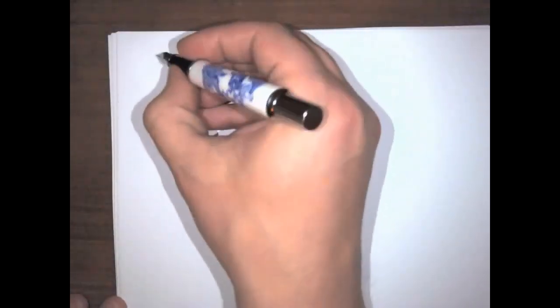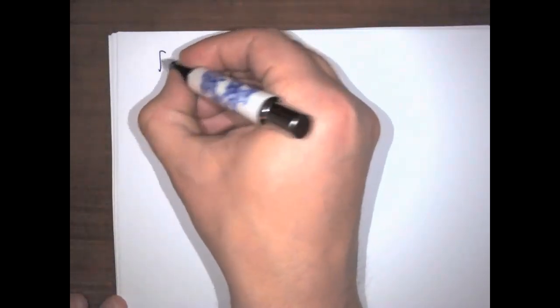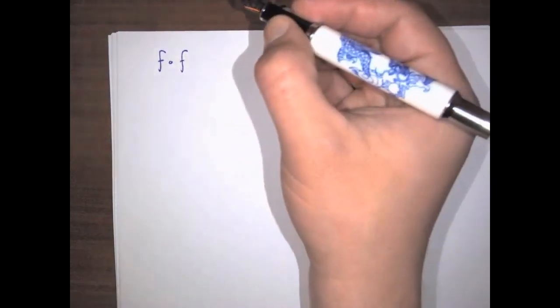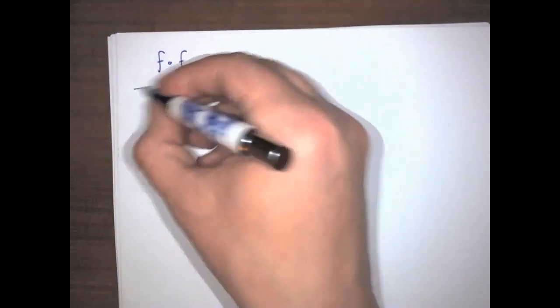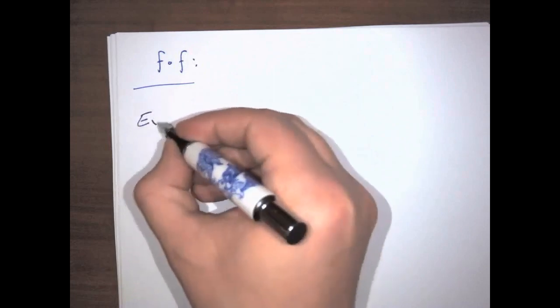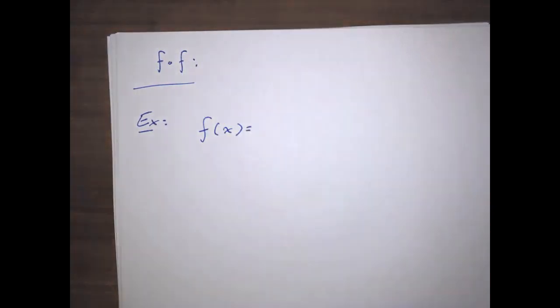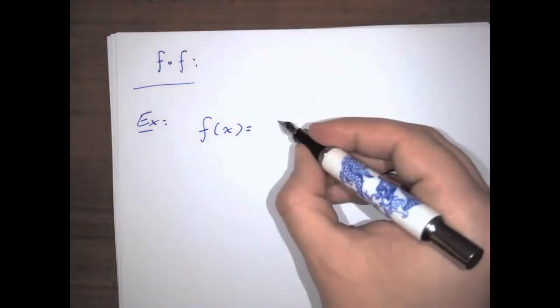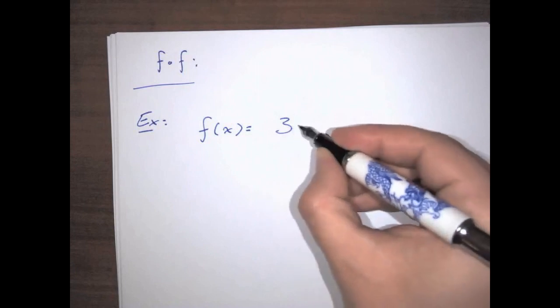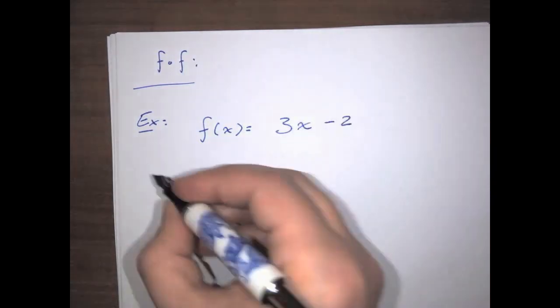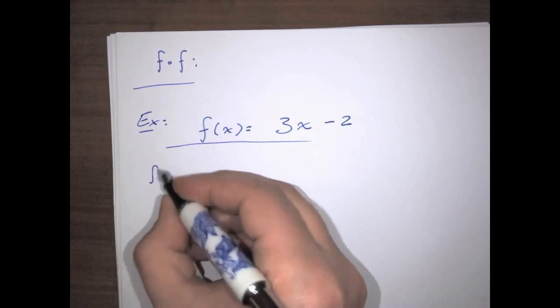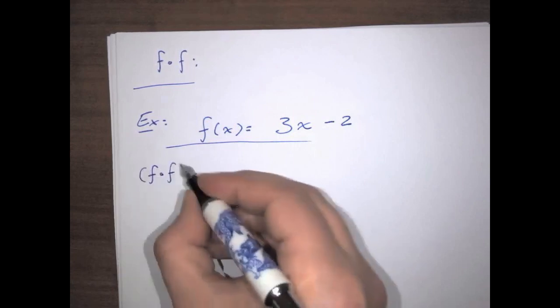Okay, then the other kind of special composition that we might have is a function composed with itself. So another special composition, f composed with f, or g composed with g. As an example here, let's say f of x is equal to 3x minus 2, and we wanted to find f composed with f.